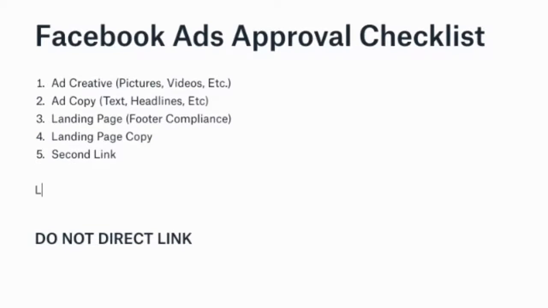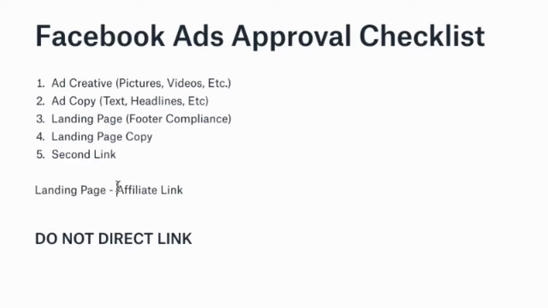I have a two-step funnel: a landing page, and then my affiliate link. Sometimes they literally send a robot, it's AI. They'll go to your landing page, read the copy, and see if it's compliant. If it's compliant, they'll go to the second page in your funnel, and if it's not compliant, they're going to disapprove your ad.